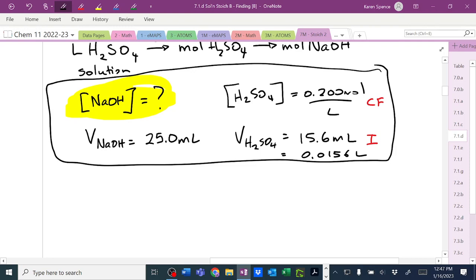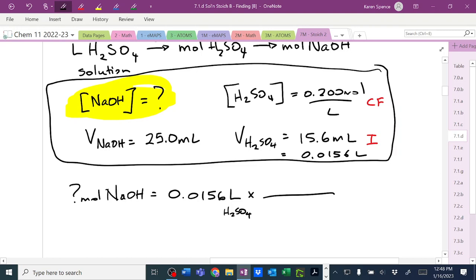So we want to find moles of NaOH. We are starting with 0.0156 liters of the H2SO4, and we have 0.200 moles of H2SO4 per liter.